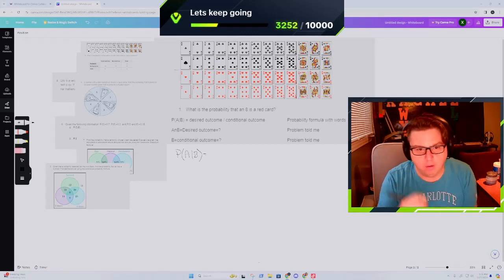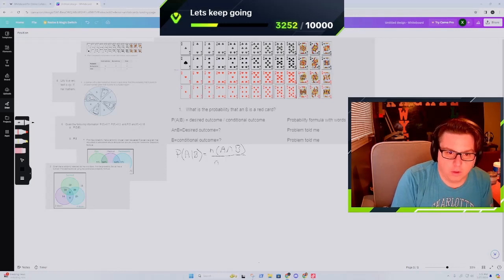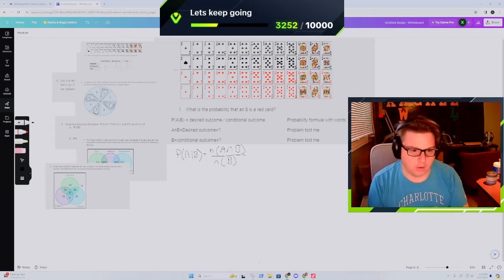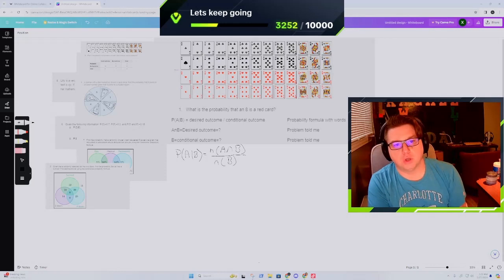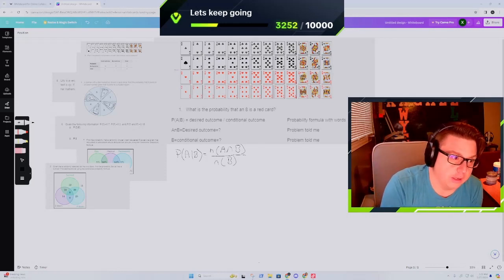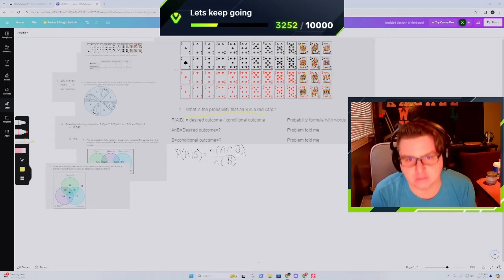But when we read this, we read the probability of A given B. And when we look at that, what we're looking for is the number of A's and B's over the condition we're going to put on the problem. Okay, so hopefully we can explain some of this and it'll clear it up. So the question is right here, and it's asking what is the probability that an 8 is a red card.